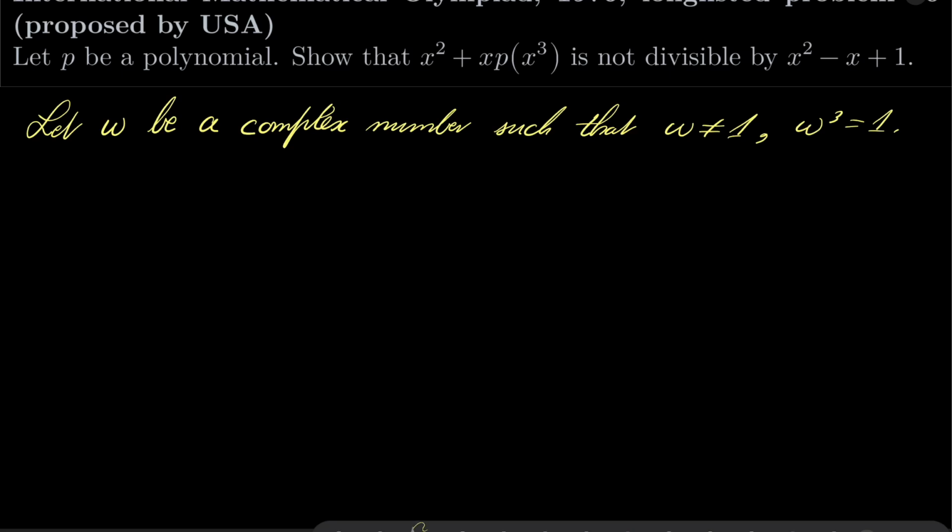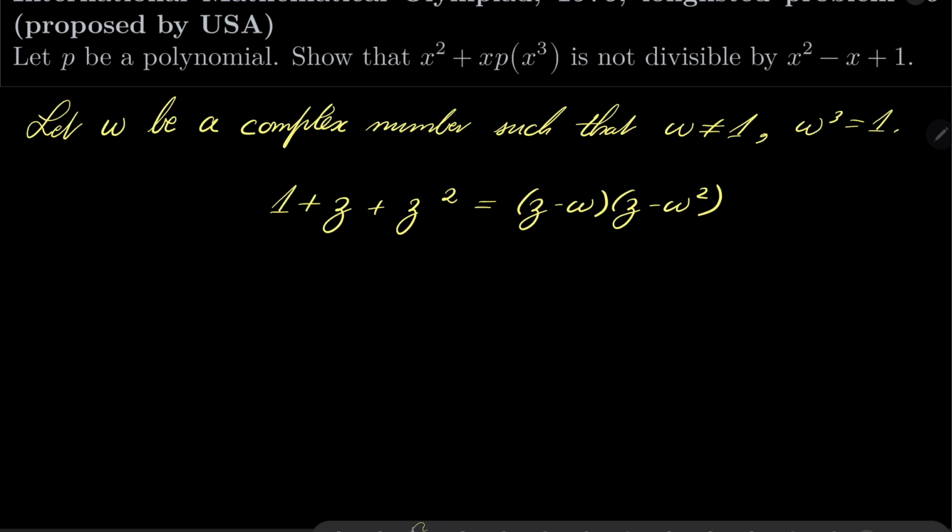Notice the well-known fact that 1 plus z squared can be factorized as z minus omega squared. Pretty easy to verify that.